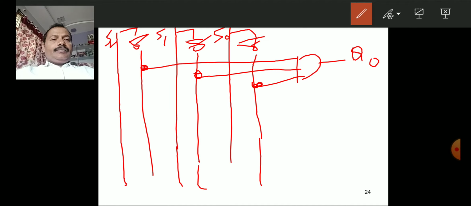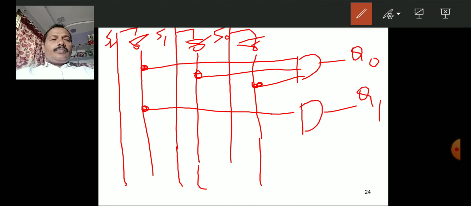Next for Q1, for the Q1 output, according to equations S2 bar, S1 bar and S0 according to equations.